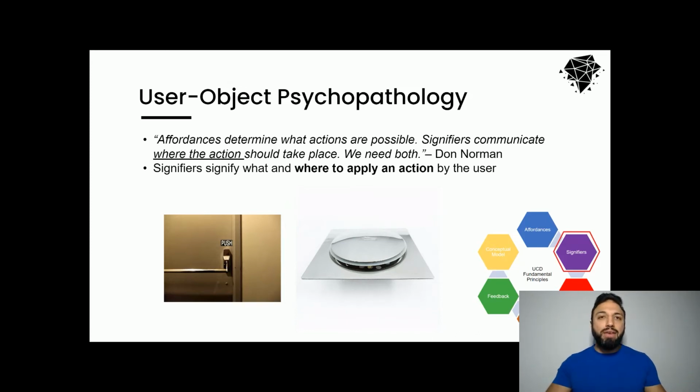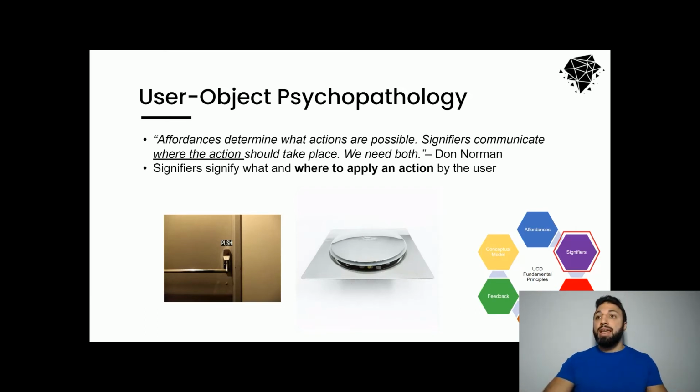So if you ever saw one of these fire emergency doors, this is very clear. They write push, and one of the good things about these doors, they afford pushing. And if you cannot read, by momentum you're going to push this bar, and automatically the door is going to open.